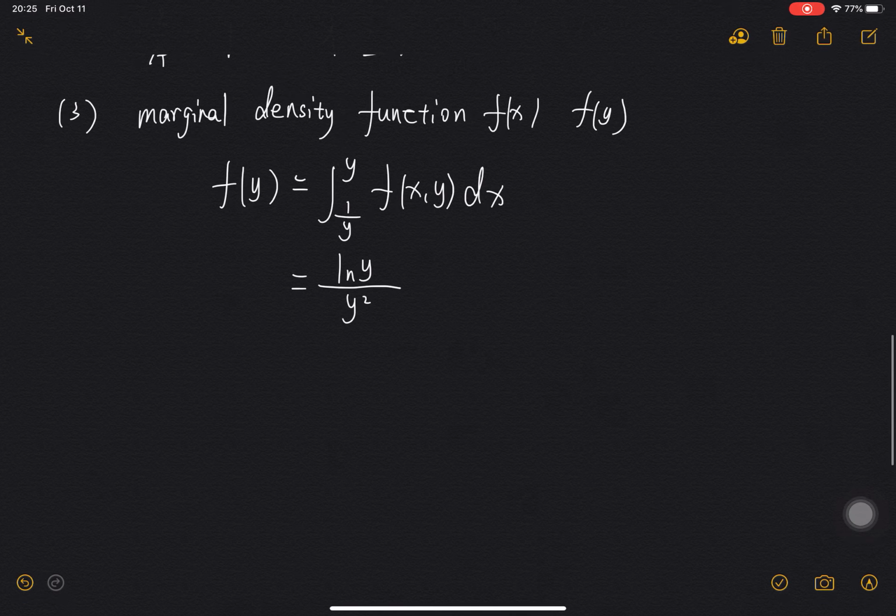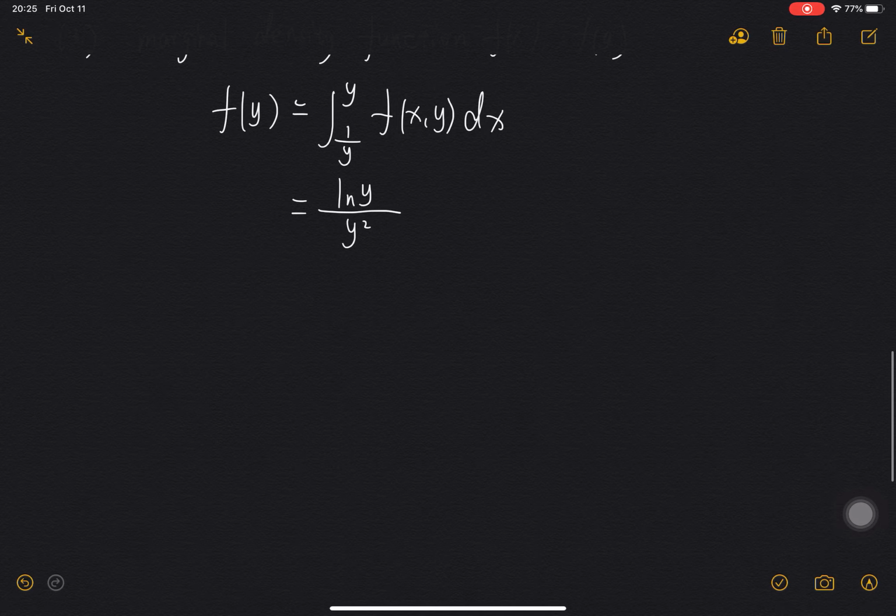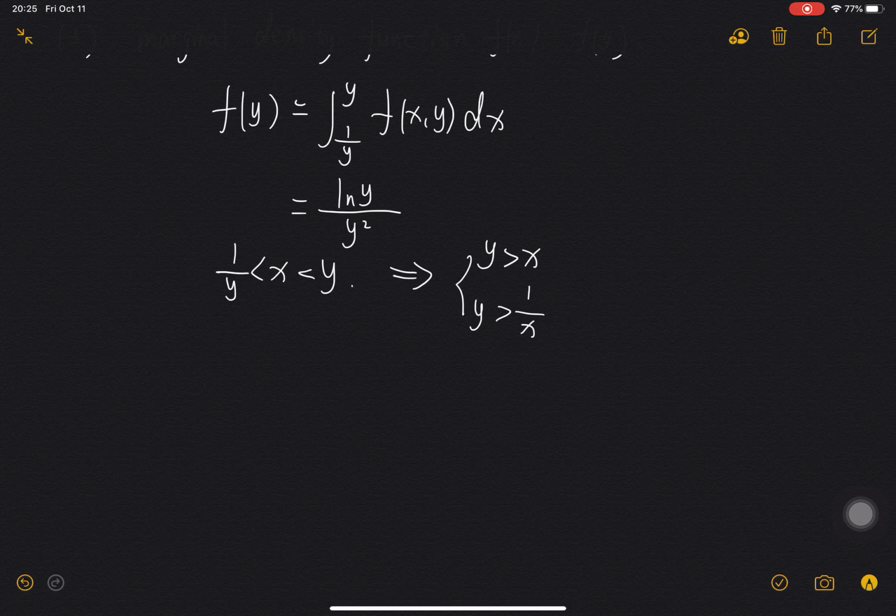And from the definition region, we know that x is larger than 1 over y and smaller than y. So from x to y, we have something like y is larger than x and y is larger than 1 over x.